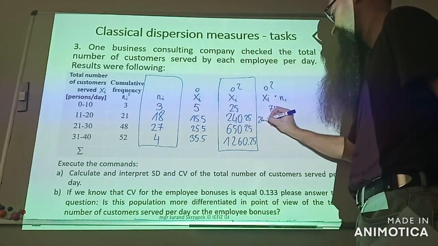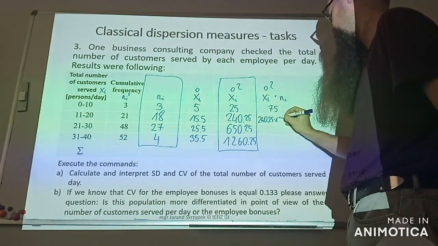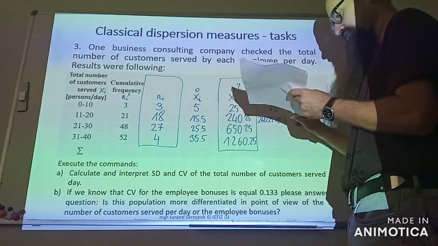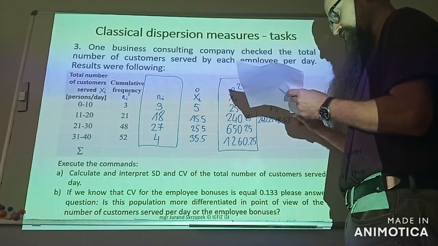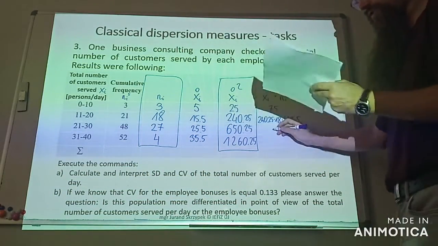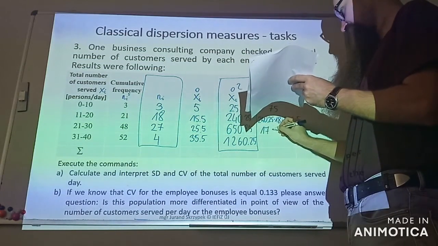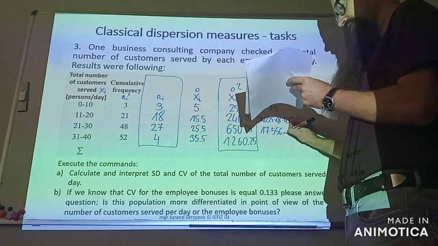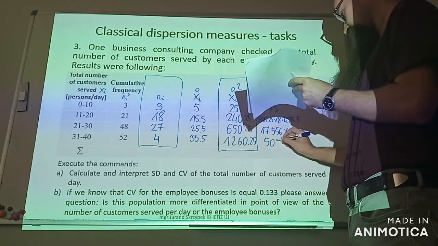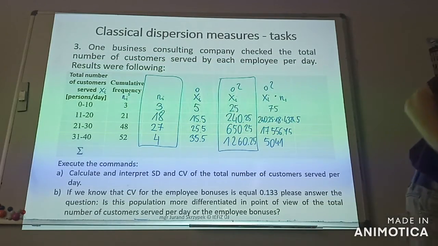Yeah, 240.25 multiplied by 18 is 4,324.5, and so on. The next results are following: 17,556.75 and 5,041. Yeah? Alright.